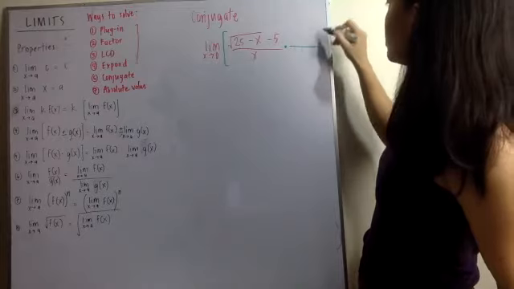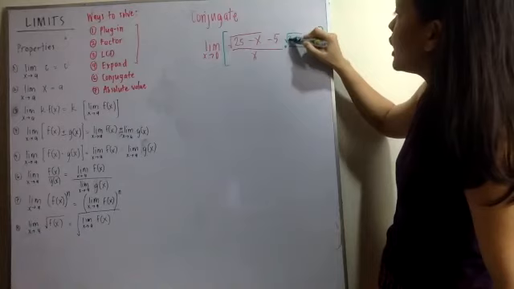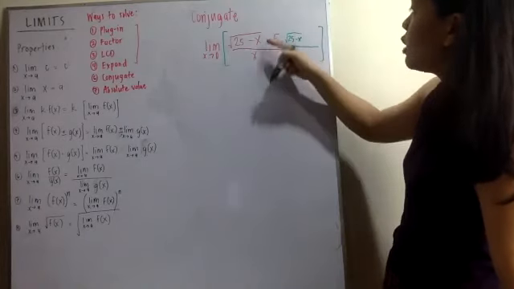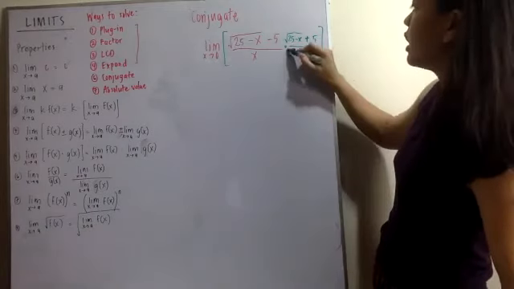We multiply the numerator and denominator by the conjugate. The conjugate of this is the square root of 25 minus x, and the sign becomes plus, so plus 5. The same goes for the denominator.